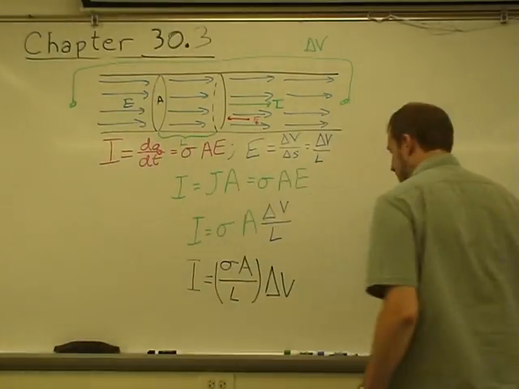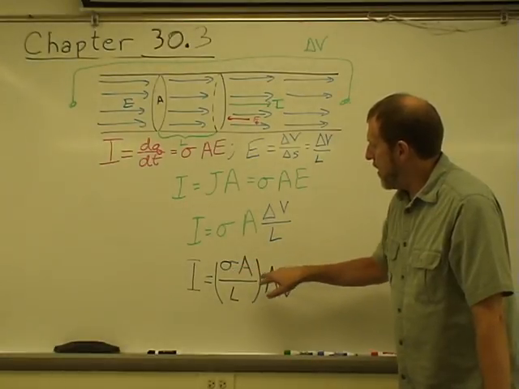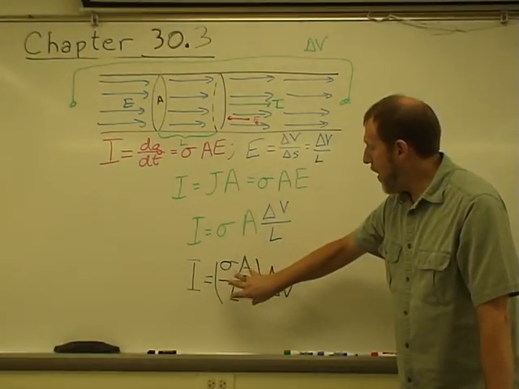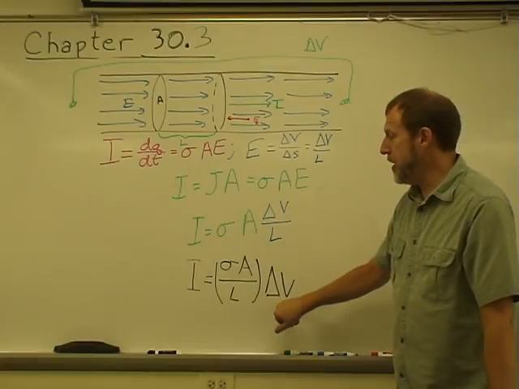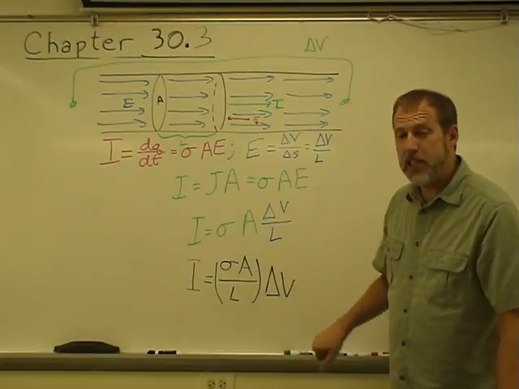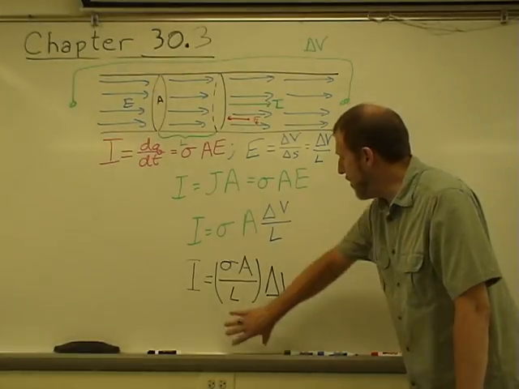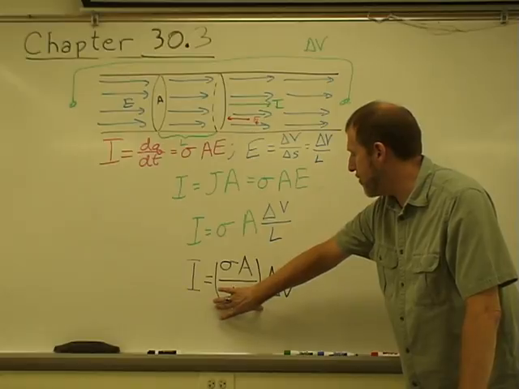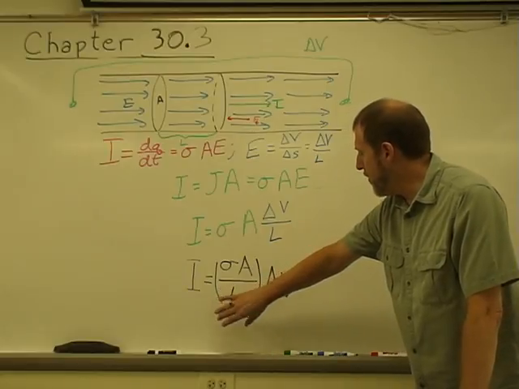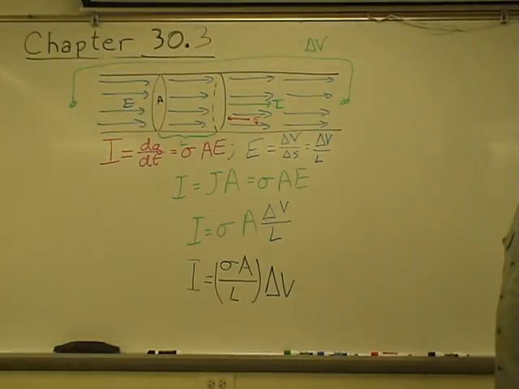Now, this defines what current results in a given change in potential. I'm going to write this slightly differently because the larger this number is, the less the current is for a given change in potential.